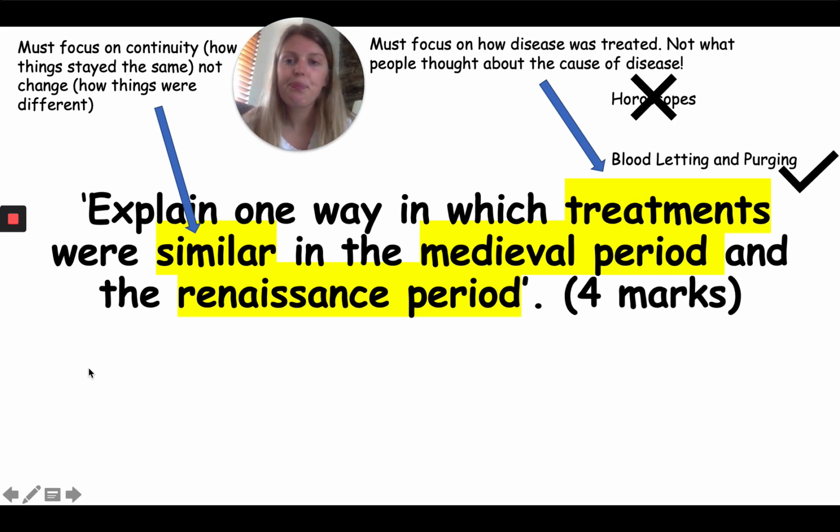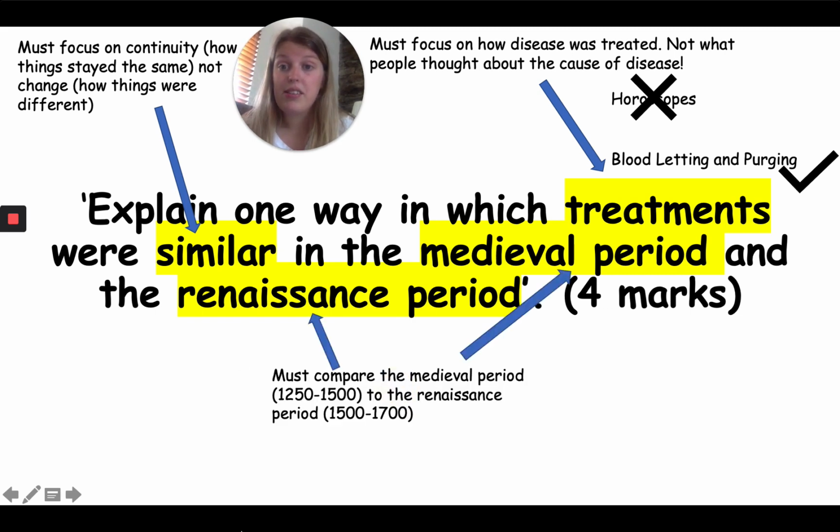Our next key word is the medieval period and the Renaissance period. You must compare these two periods. If you compare it to another period, you lose marks. You must compare the medieval period, which we did before half term, to the Renaissance period, which we're doing now.